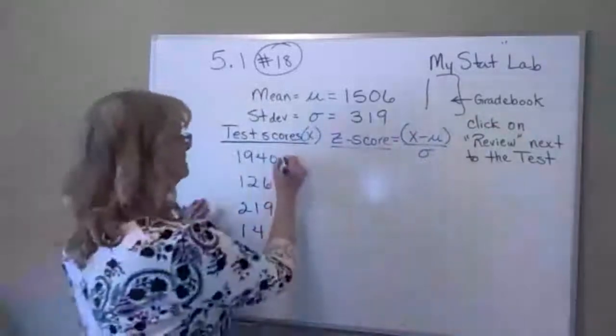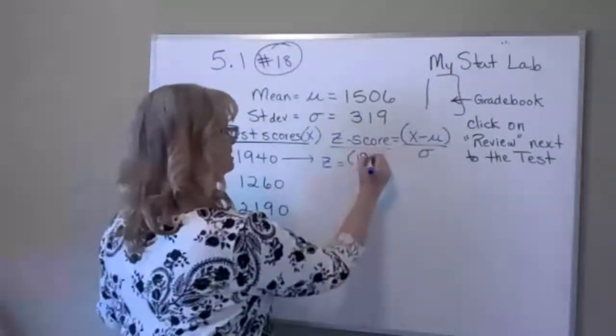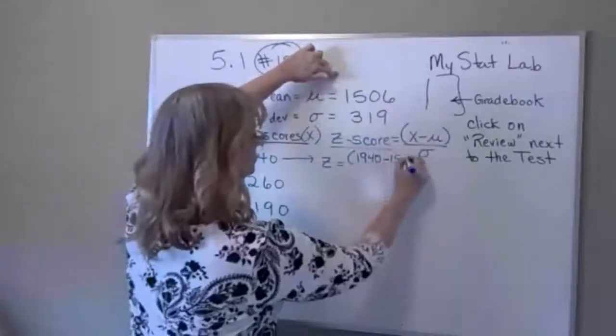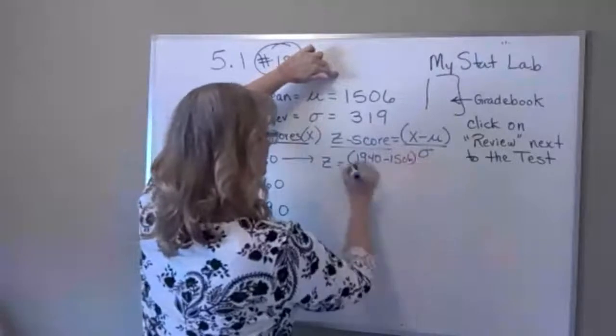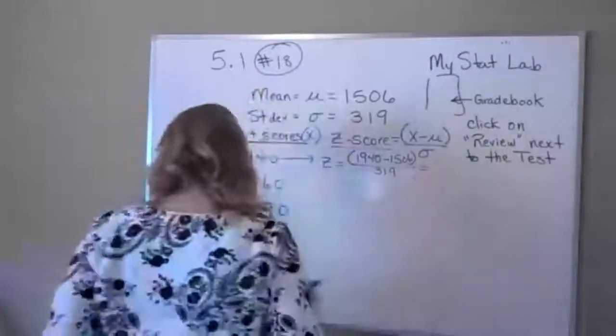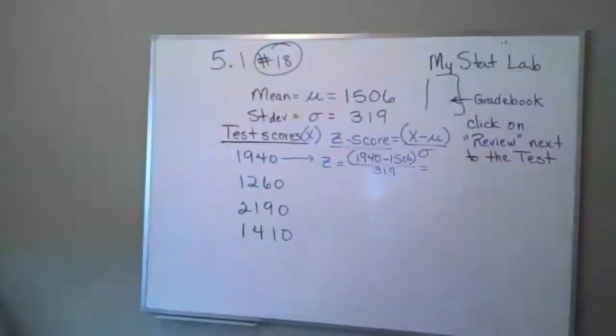So when I find the z-score for this one, I have 1940 minus mu, which was given as 1506, divided by sigma. And z-scores, we always round to 2 places. Let me find my calculator.